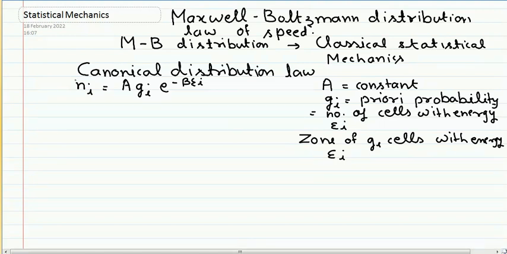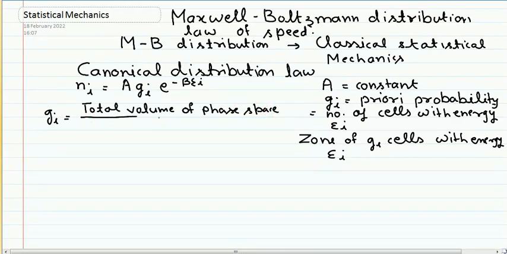So now come again to this equation. Here Ni is the number of molecules having the speed or having the energy ei. So let us first calculate the value of gi, which represents the number of cells. It will be the total volume of the phase space divided by the volume of one cell.